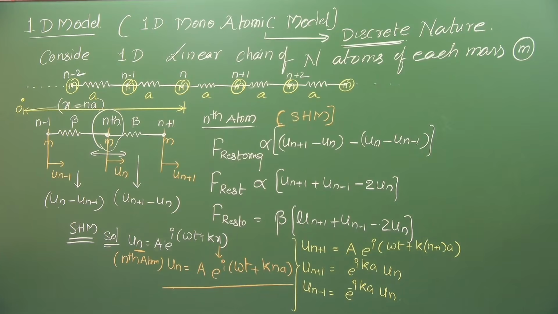Already you got what these un and un plus 1 are. un is the solution of that SHM equation, and un plus 1 you got as e raised to ika into un, and un minus 1 is equal to e raised to minus ika into un.